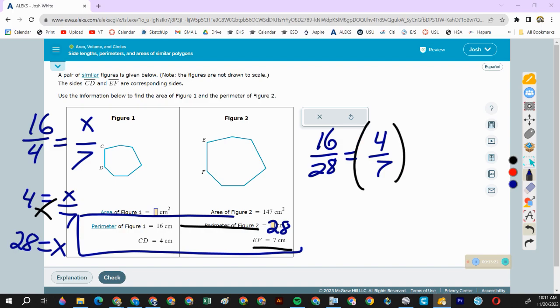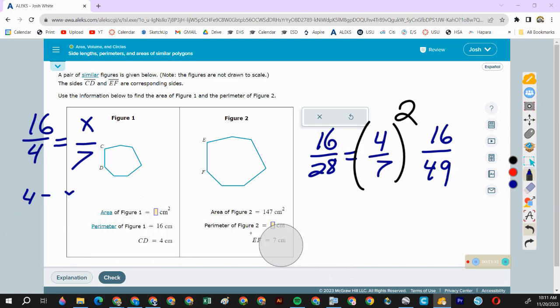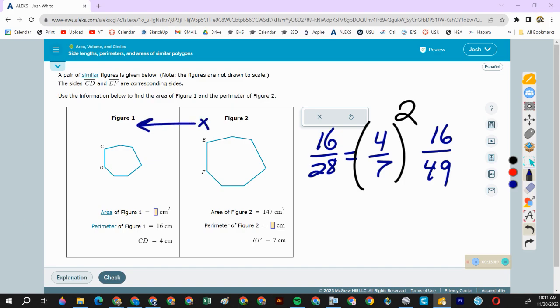Their areas are going to be this much instead of 4 over 7. So 16 over 49. Okay. So if I start here and go in this direction, the areas are going to be 16 over 49. So I need to times this by 16 over 49. So 147 times 16 over 49, and I get 48.